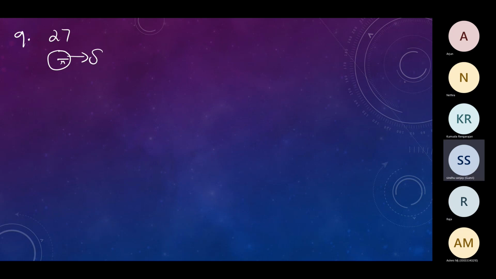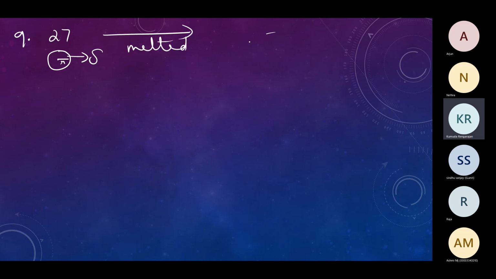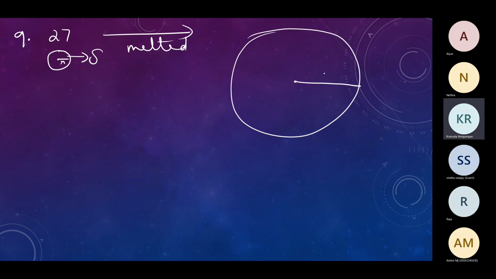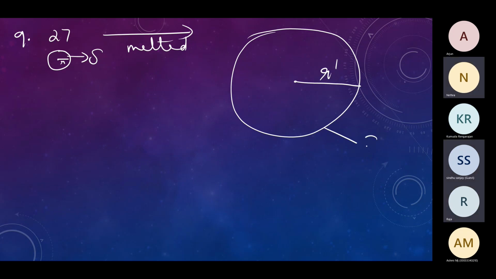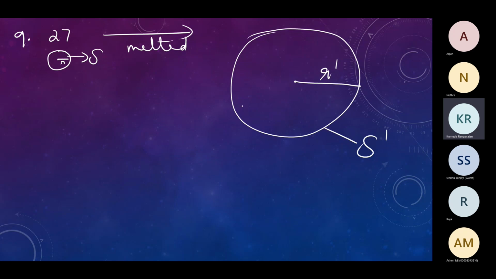Capital S. And all the 27 are melted and recast into one big sphere. What is the radius? R dash. What's the surface area? S dash. We need to find the radius R dash of the new sphere.